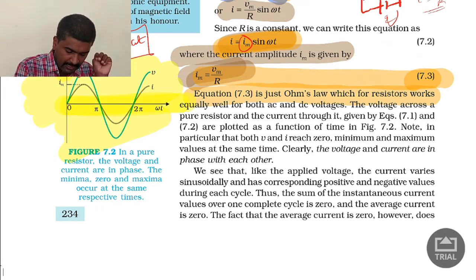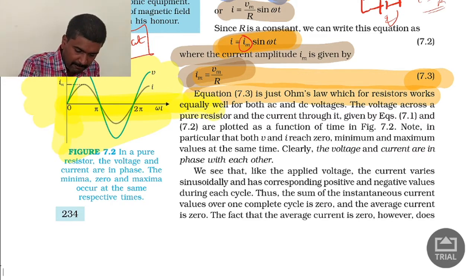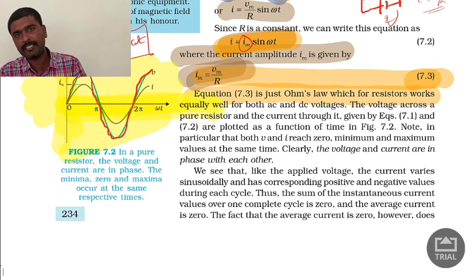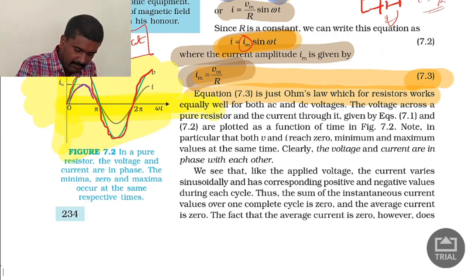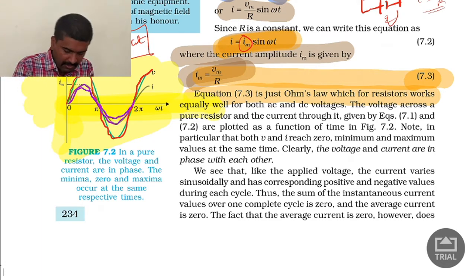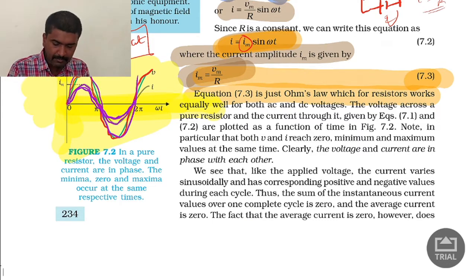On the x-axis I am taking omega t, and on the y-axis voltage. The first graph shows how voltage is changing with time, and when you look at the current, the current is going in this way. So this is the current, and this is the voltage.